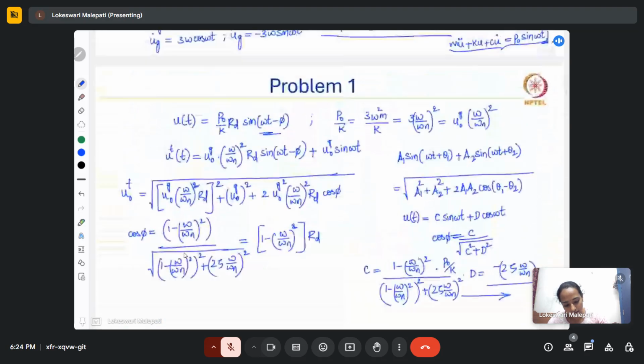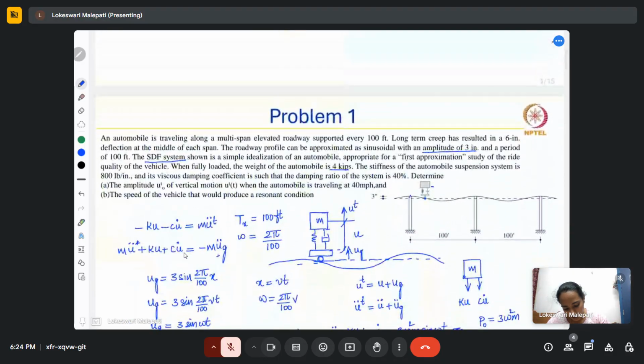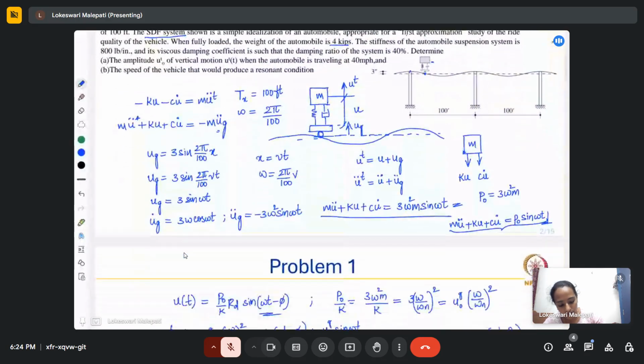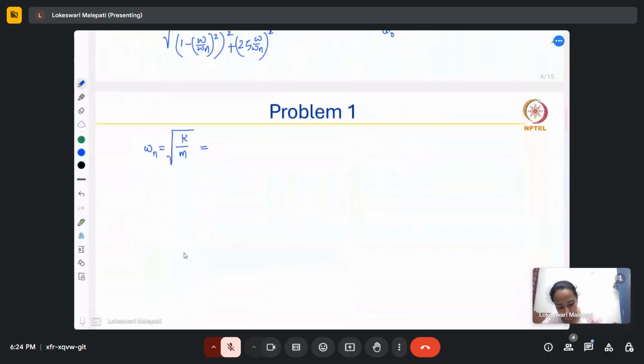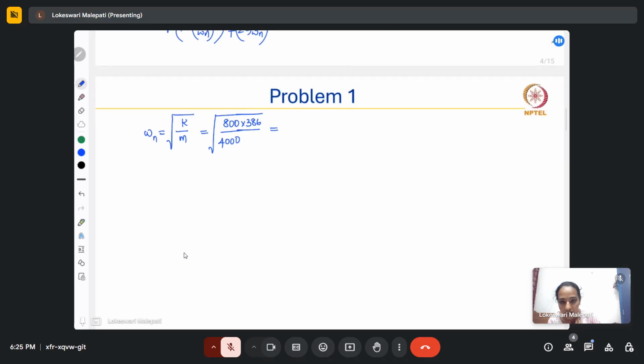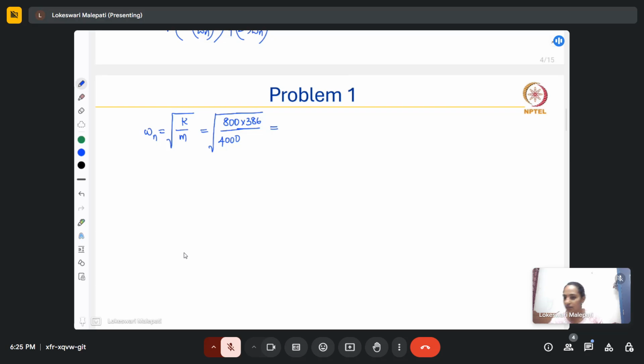So k is given as 800 pounds per inch, and weight is given as 4000 kips. So we need to convert that into mass. Square root of 800 multiplied by 4 kips means 4000 pounds, 4000 divided by g, which is 386. So what is the omega n that you're getting? Can you calculate and tell me what is the omega n?